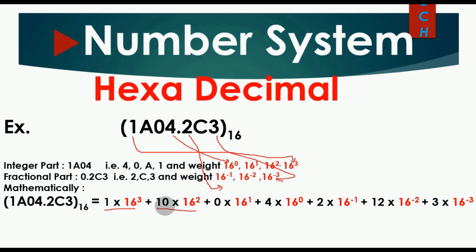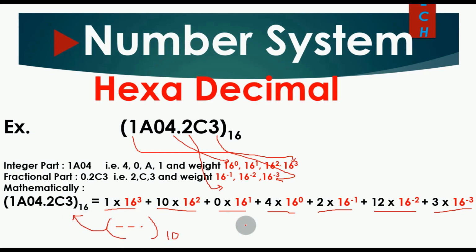Then 0 into 16 to the power 1, plus 4 into 16 to the power 0, plus 2 into 16 to the power minus 1, plus 12 into 16 to the power minus 2, plus 3 into 16 to the power minus 3. If you further solve this, you can find one decimal number, which is equivalent to this hexadecimal number.